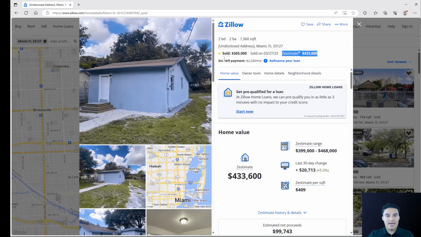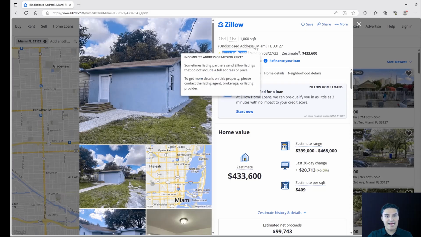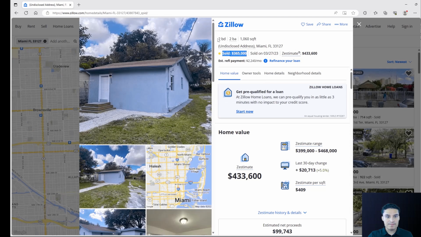As a guess. However, the property sold for 365, so this is the real number that we're going to go by. This is exactly what we're going to follow, meaning that if we find a property that's a 2x2 and it has close to 1,000 square feet, maybe 1,200 or 800 square feet, as long as it's between that range, that means that we know for a fact we can sell the property for up to $365,000, okay?